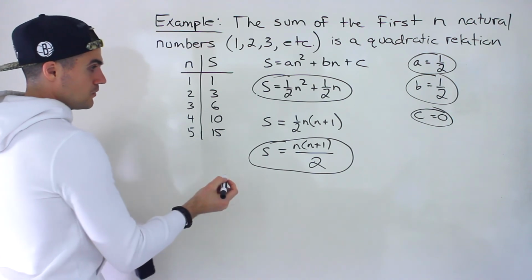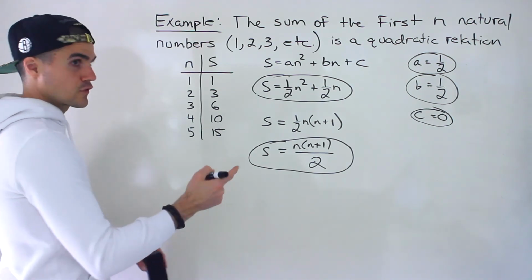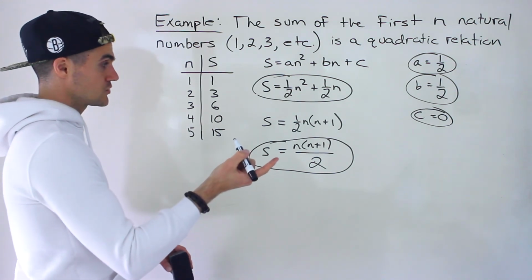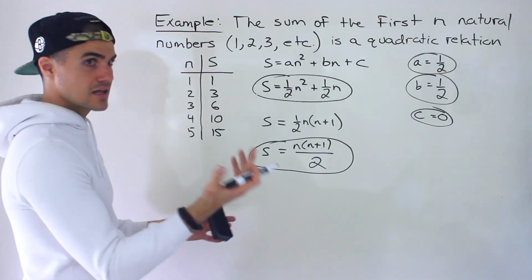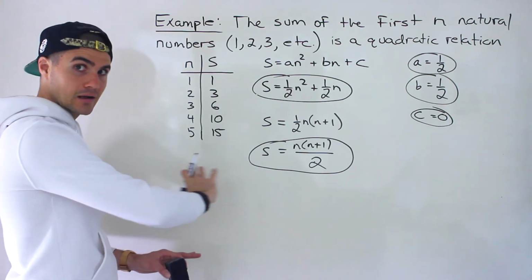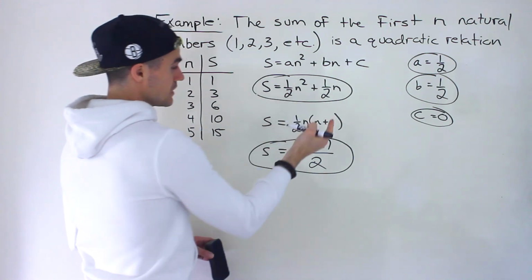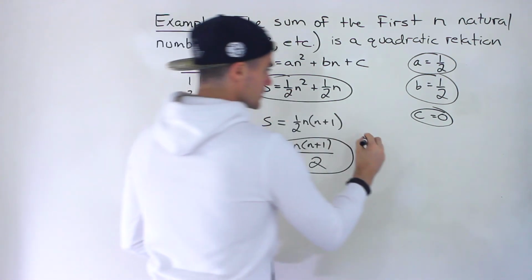And so now what we can do is find the sum of the first 50 natural numbers very easily instead of doing it manually, right? Adding all those up would take forever. We could just plug in 50 for the n value. So I'm going to use the original over here.